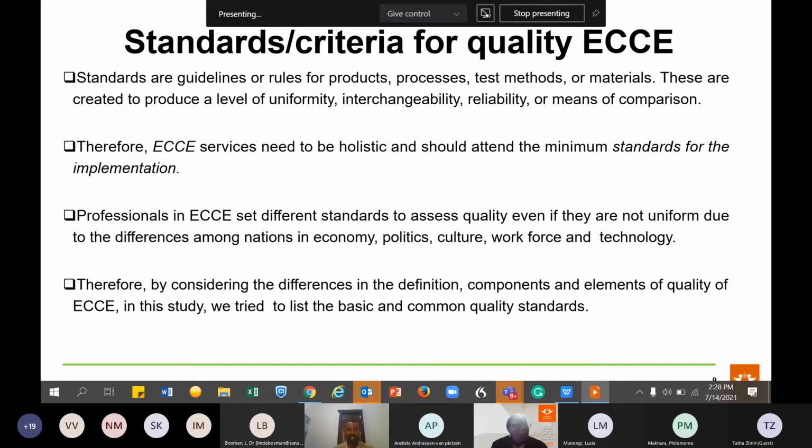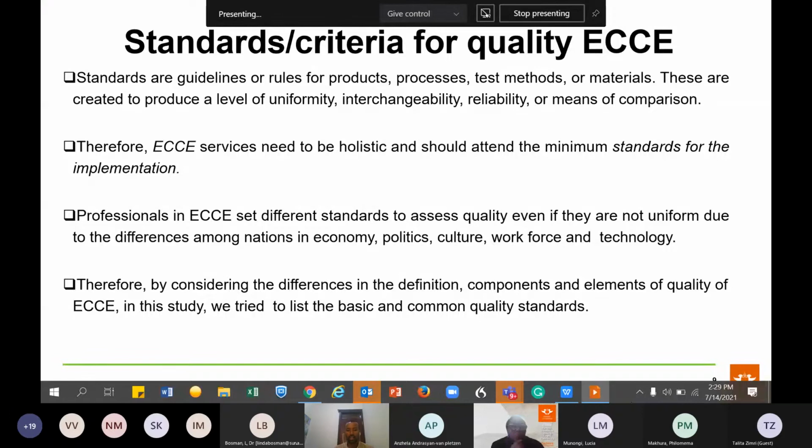Therefore, the ECC services need to be holistic and should attain the minimum standard for implementation. When we have a holistic standard and the minimum standard is achieved, we can say there is quality ECC. There are different professionals or educators in ECC who set different standards to assess the quality of ECC, even if they are not uniform from country to country or continent to continent due to economy, politics, culture, workforce, or other differences.